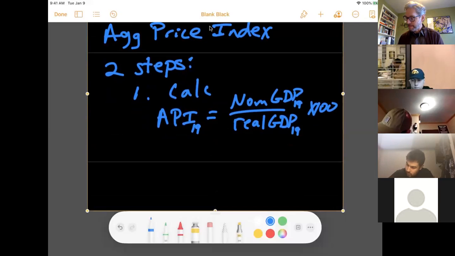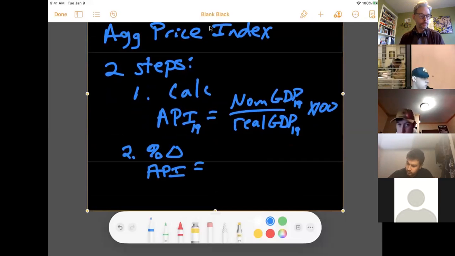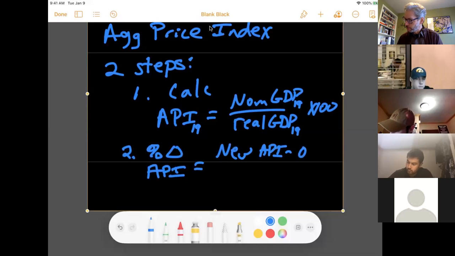That's how we talk about inflation, as a percent change. So the second step is we have to calculate the percent change in the API. And how do we do that? We just take the new API minus the old API, divided by the old API.